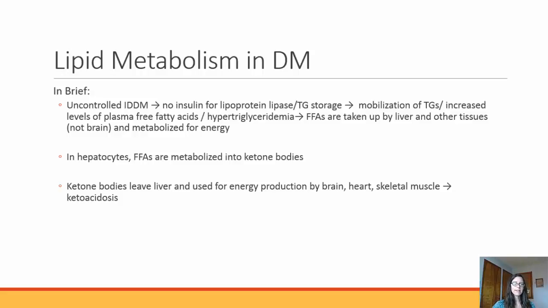And then these ketone bodies are going to leave the liver and they can be used for energy in different parts of the body. But just keep in mind that these do have some other negative physiological effects when we have ketoacidosis. So some ketone bodies are normal and absolutely fine. It's when we get these really high levels of ketone bodies that we get ketoacidosis.